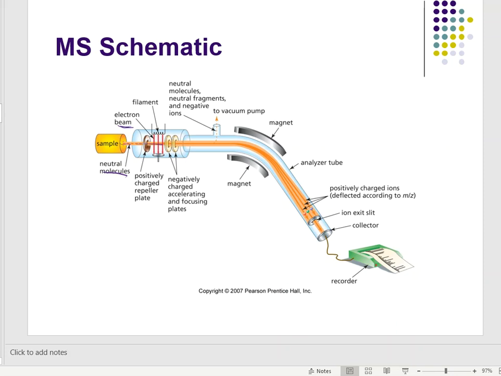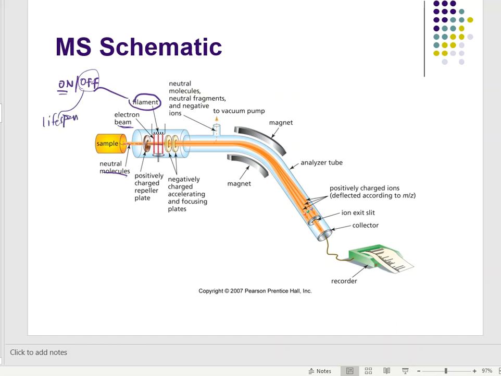All right. Notice we have the option to turn this guy on or off, and that is what we would call the filament. So when we run the instrument, we want to make sure that this filament is on or off. If we want to measure things, it has to be on. That means the electron beam is on. If we don't want to measure things and we're not ready for that yet, we can turn that off. And the reason is because this thing has a lifespan.